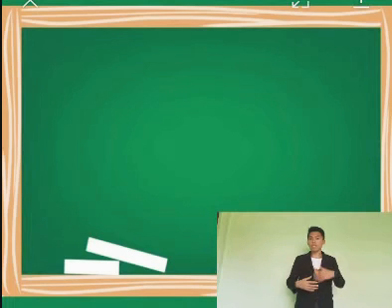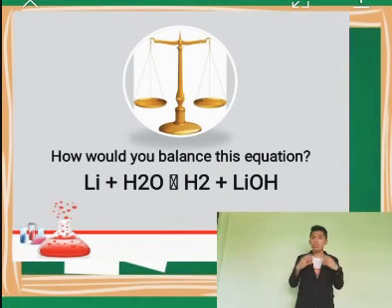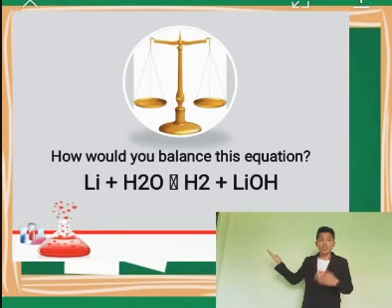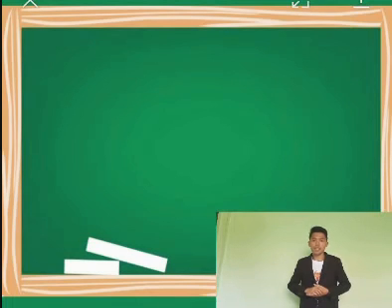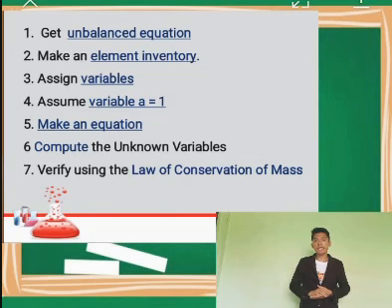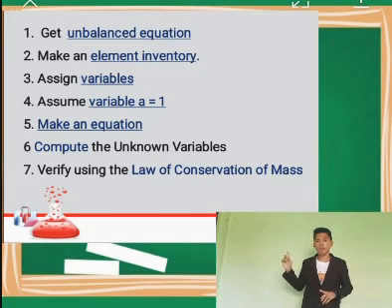For example, this one. How would you balance this? In order to balance this chemical equation, we have the steps of balancing chemical equations. The first step is to get the unbalanced equation. The second is to make an element inventory.